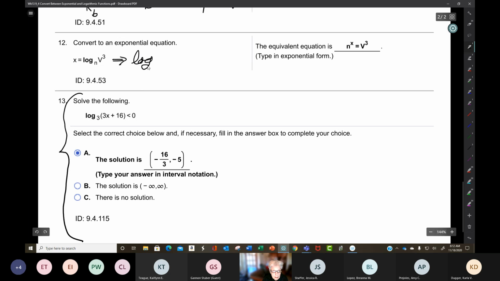Log base N of V to the third power equals X. Now everything is normal again. This is the argument. Oh yeah, I have to mark them. This is B. This is A. And this is E.